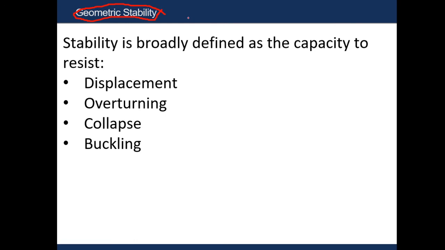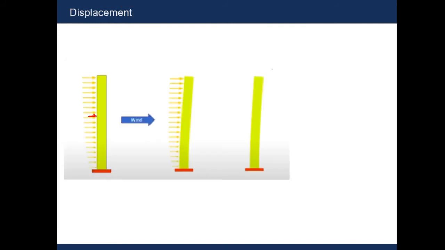In order to be a geometrically stable structure, it should have these four characteristics, or it should be able to resist these four things: it should be able to resist any types of displacement, it should resist overturning, it should resist collapsing, and also buckling.